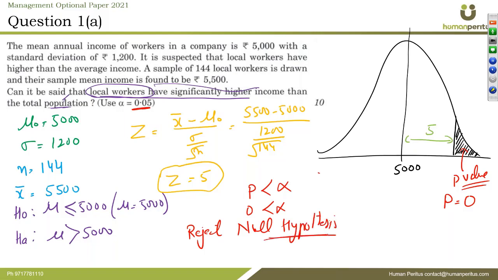Null hypothesis रिजेक्ट करने का मतलब क्या है कि I'll go with alternate hypothesis. Therefore yes I can say that local workers have significantly higher income than income of total population. Therefore yes I can say that this claim is true.